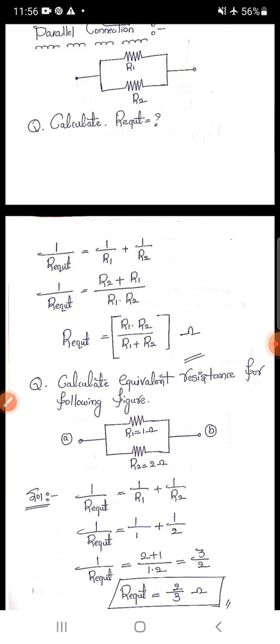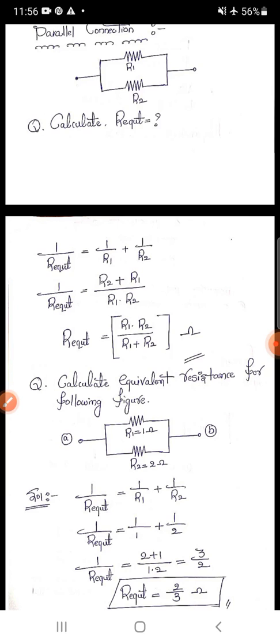For example, we have another problem in which 10 resistors are connected in parallel. Our target is to find the equivalent resistance for that parallel combination of 10 resistors. How do we find R equivalent?